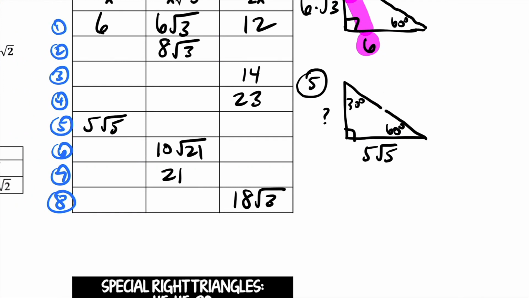So the short leg was 5 times the square root of 5, and I need to multiply it times 2. So it's going to be a 10. Is it going to be 10 on the outside or 10 on the inside of the root? Outside. Good. So that means this is going to be 10 square root 5.